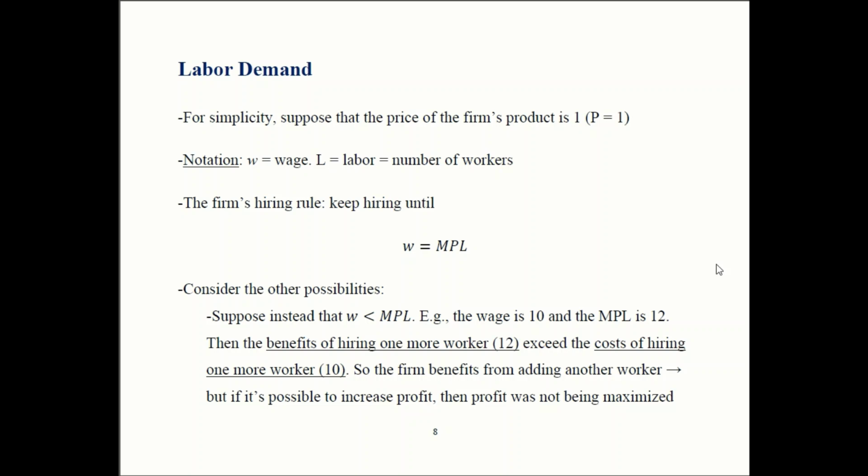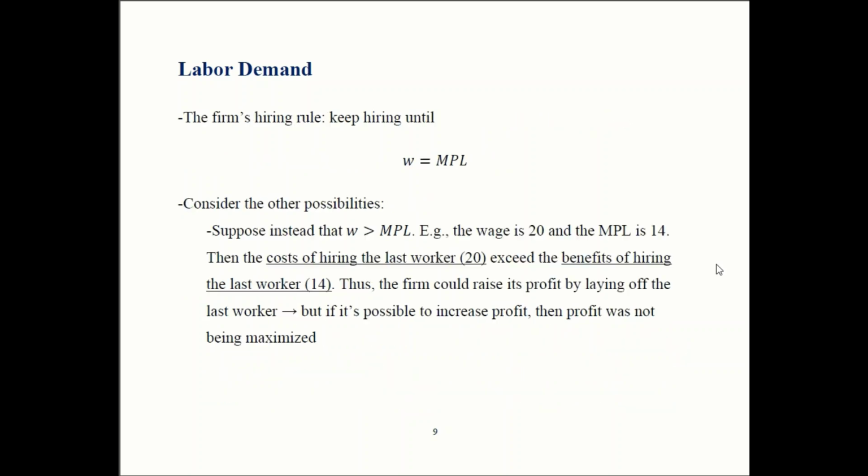All right, now I'll turn our attention to the next possibility. What if the wage is bigger than the marginal product of labor? So that could look like the wage being 20 and the marginal product of labor being 14. So once again, you've got to weigh what are the costs and what are the benefits with the last worker.